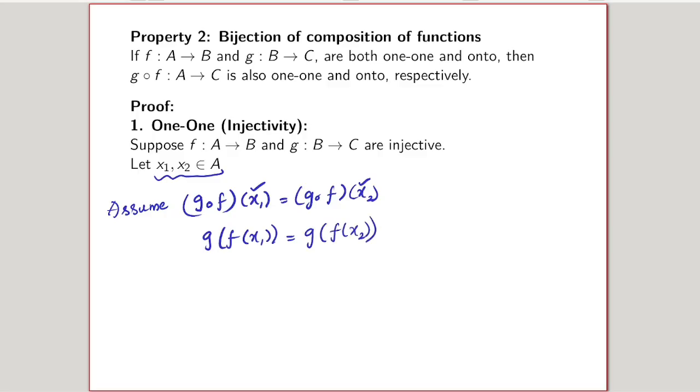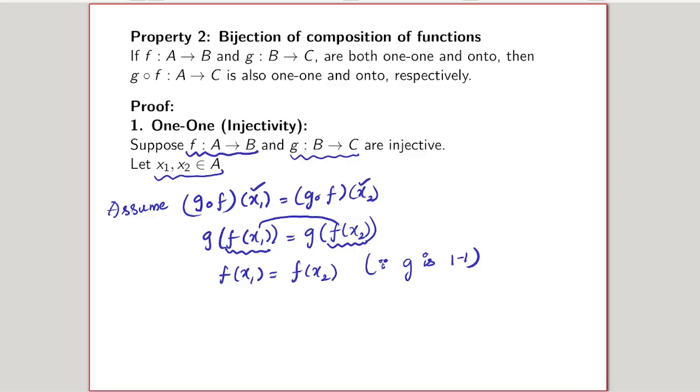And we already know that g is a 1-1 map. So whenever we have g of some element equal to g of some other element, we can conclude that these two elements will be equal. So f of x1 will be equal to f of x2. This is because g is 1-1. And also we know that f from A to B is also 1-1.